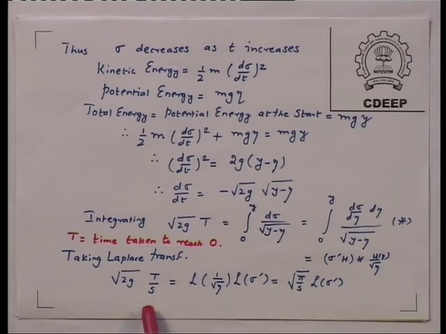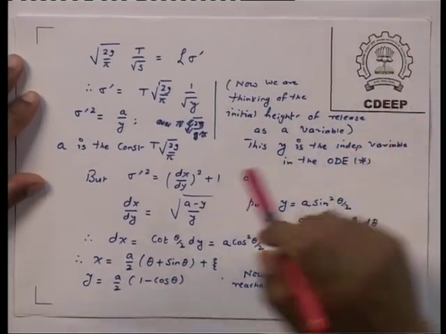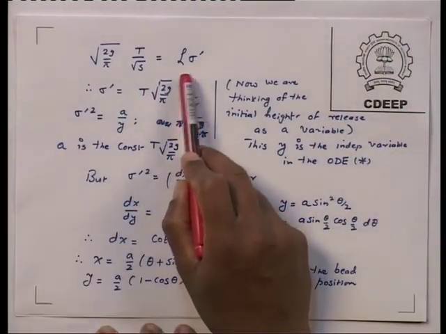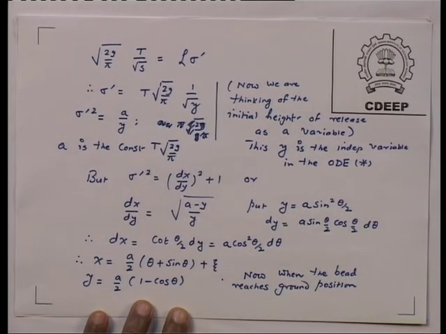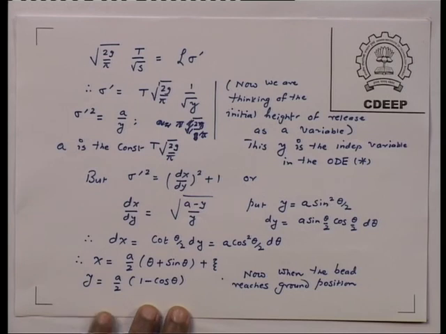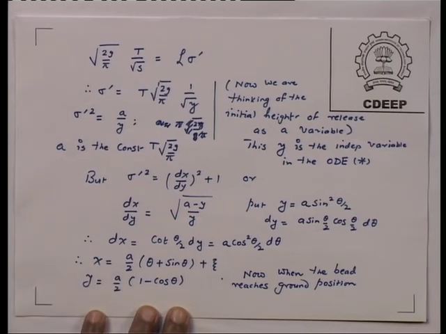So, one root s will cancel, the root pi will come below, etc. And so, when you do the algebra, you get Laplace of sigma prime equal to T root 2g by pi into 1 over root s. What is the inverse Laplace transform of that?